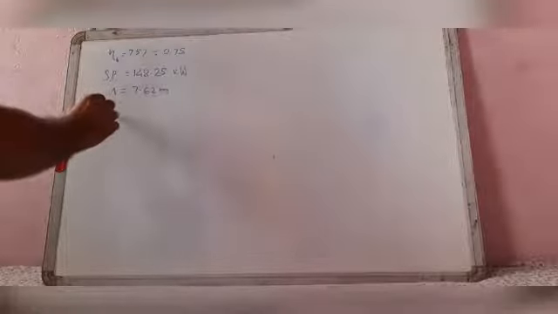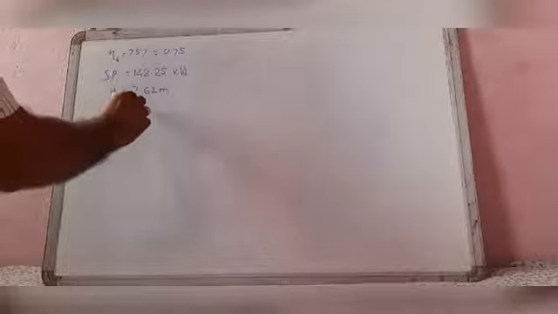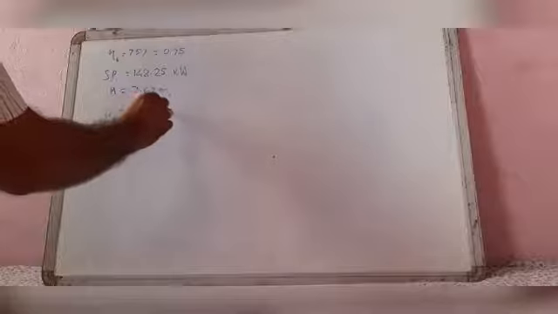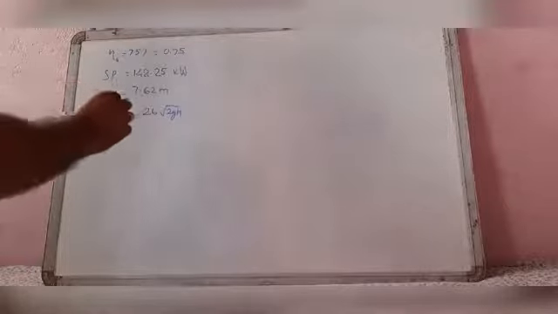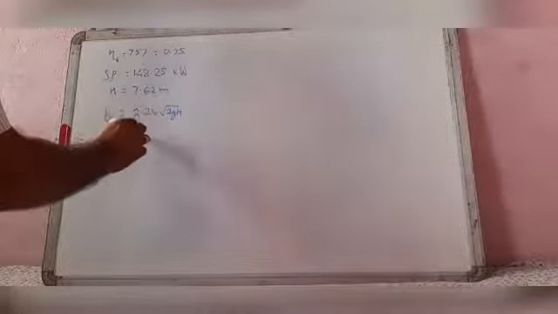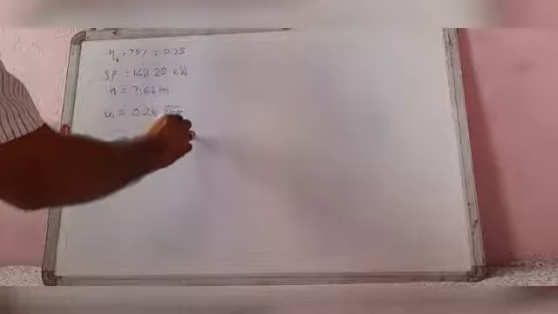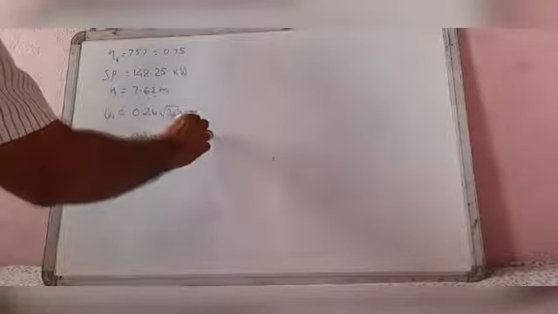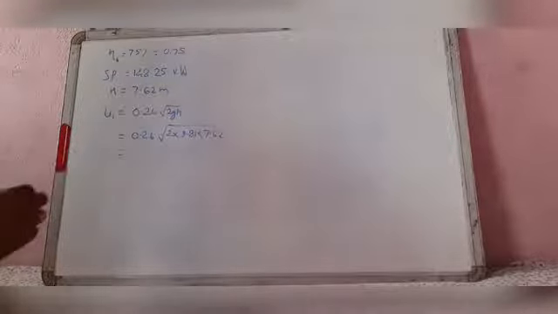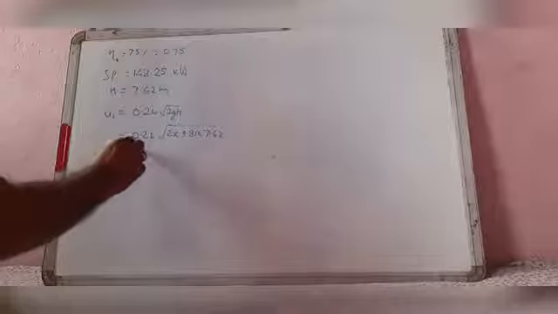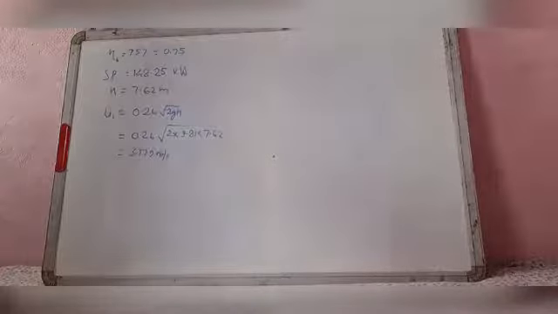Peripheral velocity U1 equal to 0.26 root 2gH. Putting the values, 0.26 into root 2 into 9.81 into 7.62, this comes 3.179 meter per second.